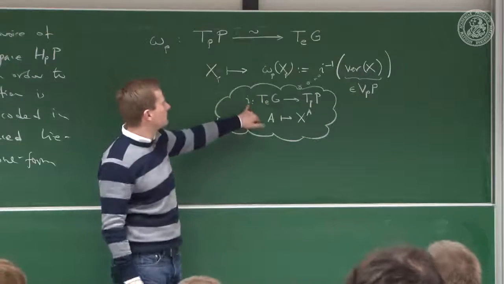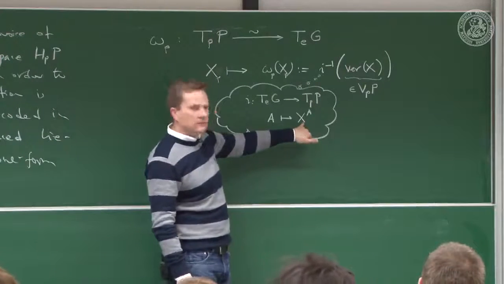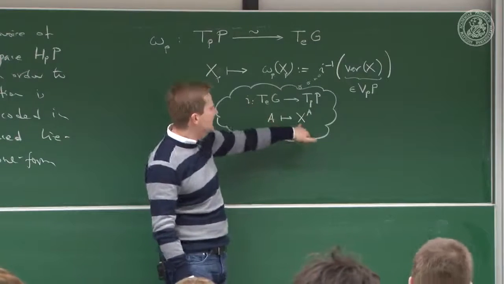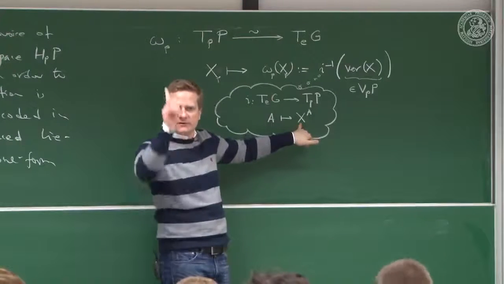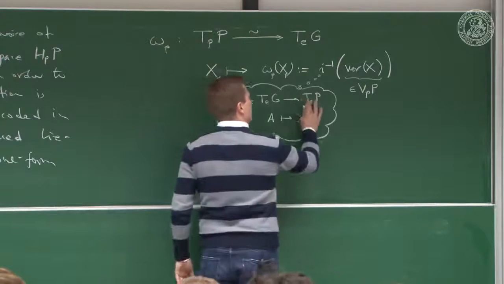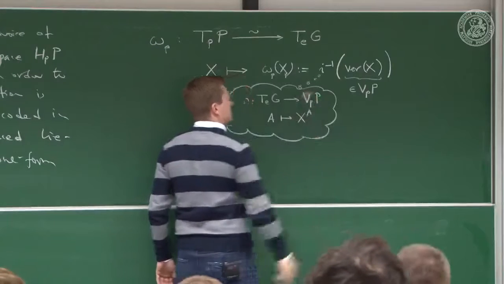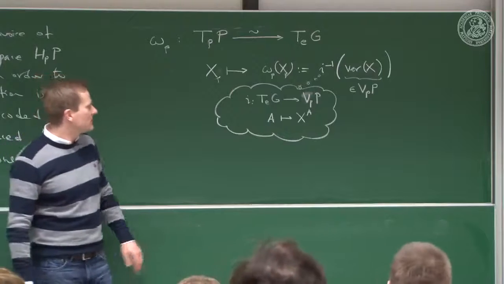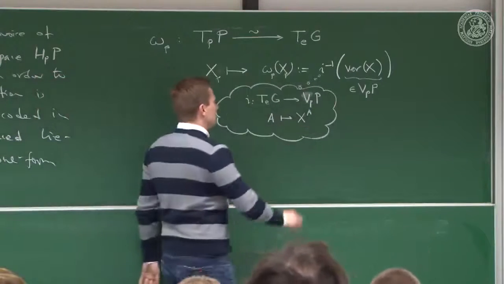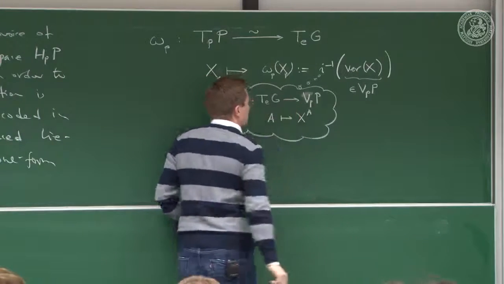That's the I. Now because A is taken into X_A, and this X_A is always a vertical vector field, as we showed in the beginning, the image of this map is only V_P P. Right? It's only V_P P. And indeed, this is invertible.